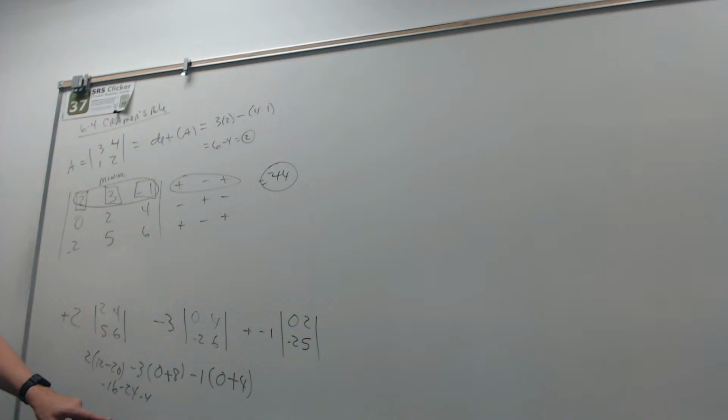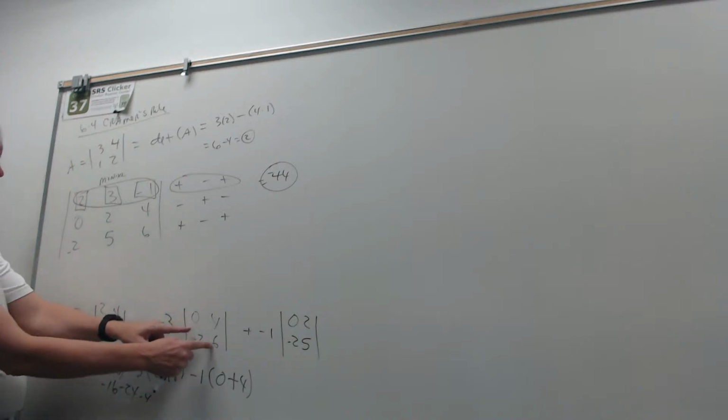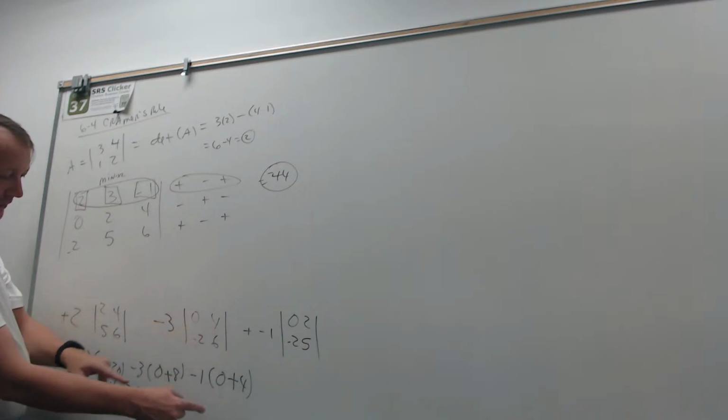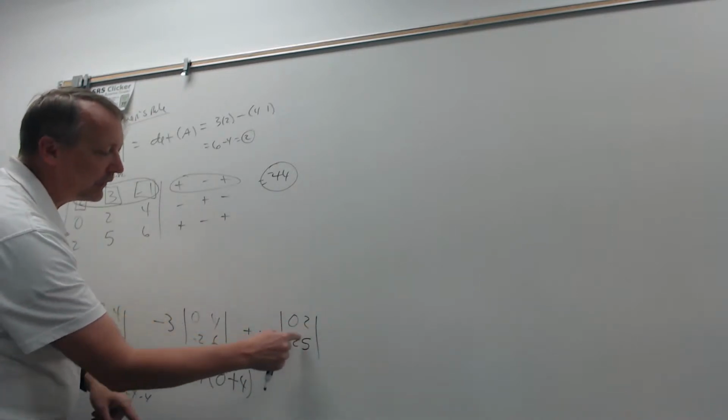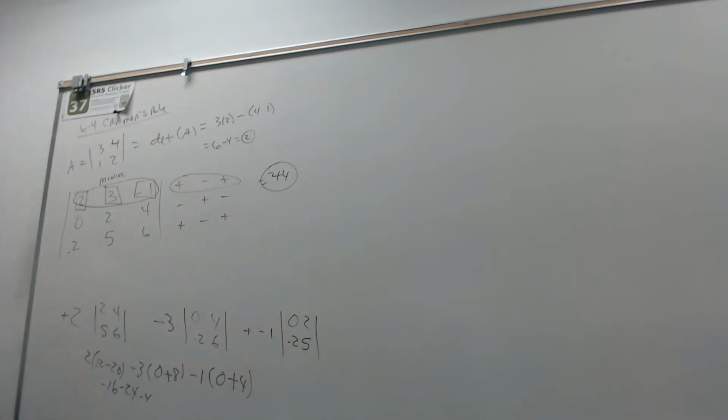Yeah, but you subtract it. That's what I did. Oh. Okay, 0 minus -8, so that becomes plus. Oh, I'm sorry. 0 minus -4 becomes plus. Yeah, super easy to mess up on these. Simple math.